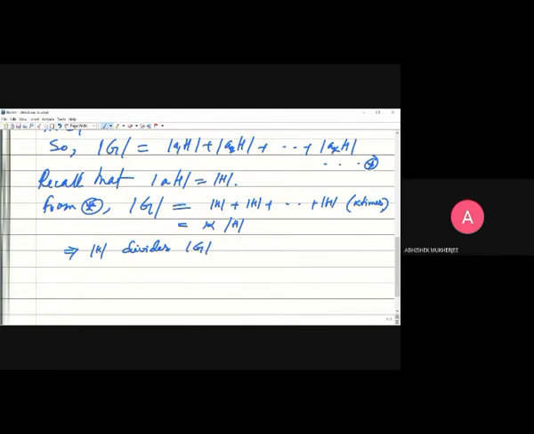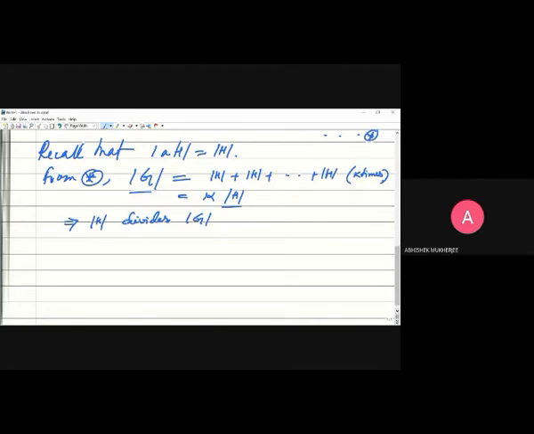Since we have written the order of G as an integral multiple of the order of H, that means order of H divides order of G. And this turns out to be an important theorem, which is called Lagrange's theorem, right?